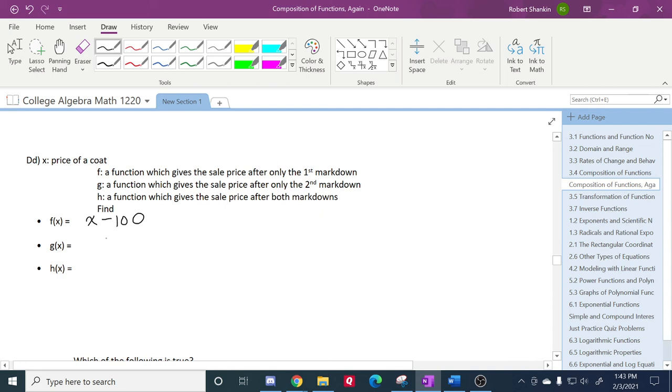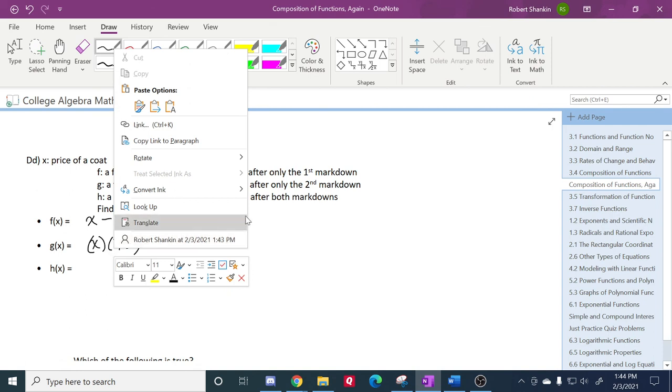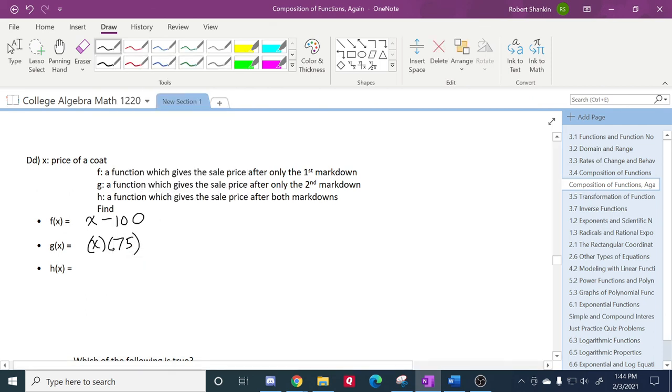X times 0.75. Yeah, we put it as a decimal, 0.75. Okay. So if we put a decimal in front of that 75, then it means 75%.